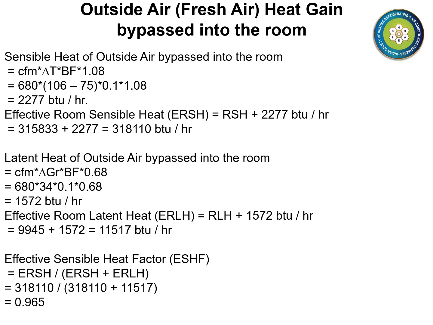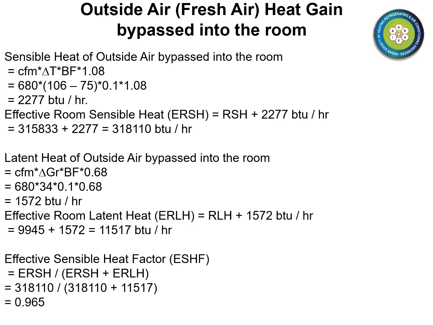The effective room sensible heat is the total sensible heat directly flowing into the room. ERSH works out to 318110 BTUs per hour. Similarly, the effective room latent heat ERLH, that is latent heat directly flowing into the room, works out to 11517 BTUs per hour.